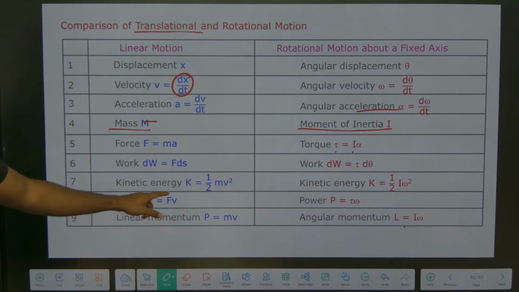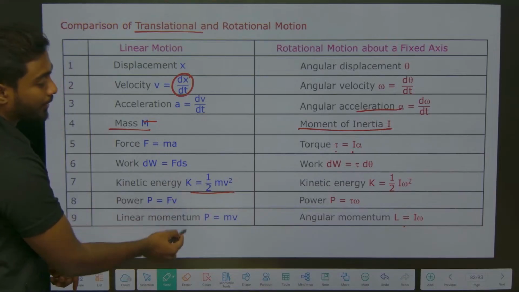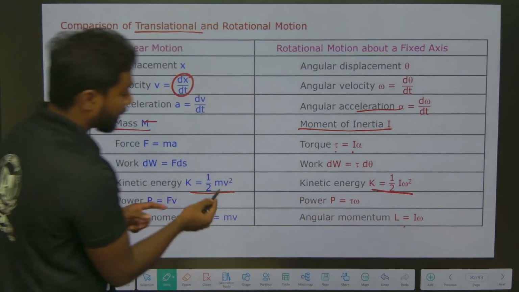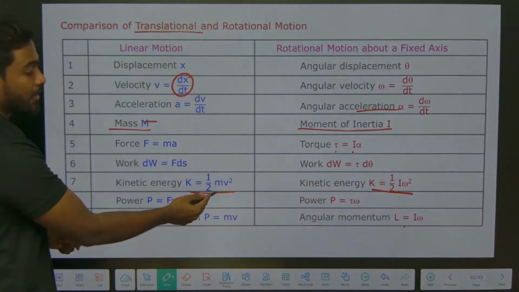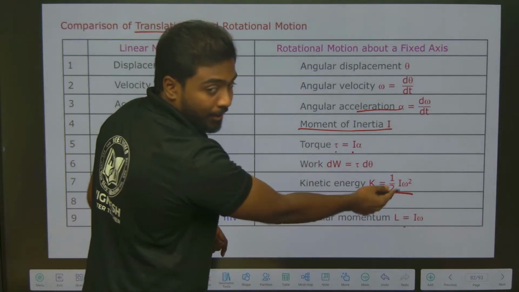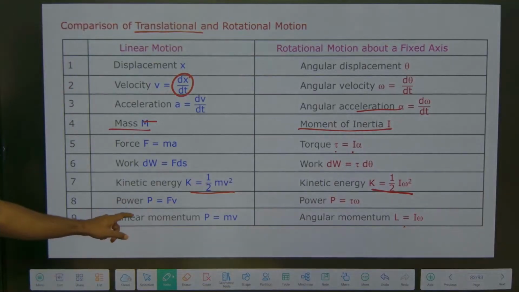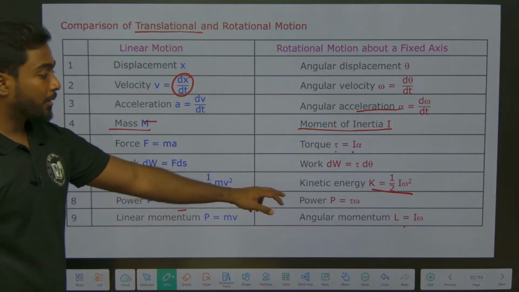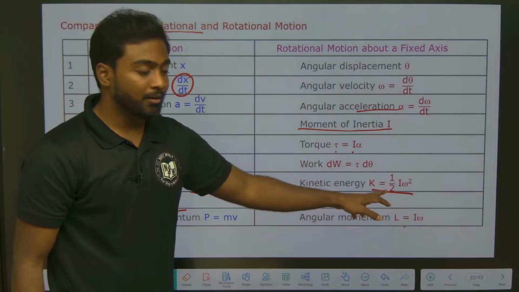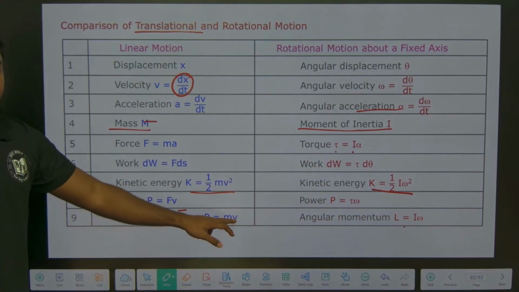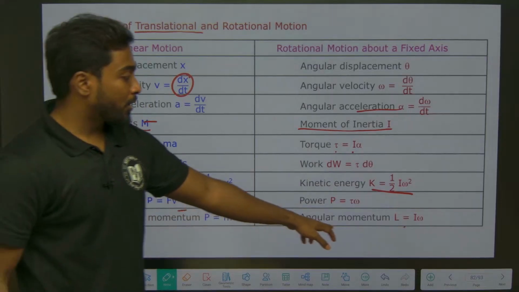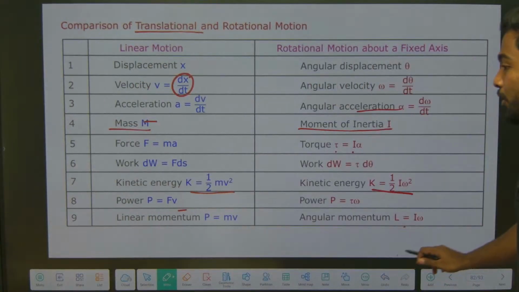Kinetic energy is half m v square, here half I omega square. Power is force into velocity; here power is tau into omega, that is torque into angular velocity. Linear momentum P is mass into velocity; angular momentum L is I into omega.